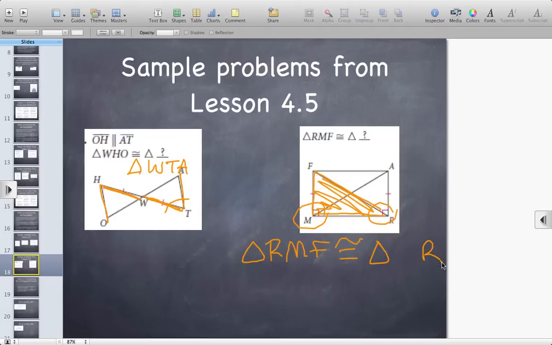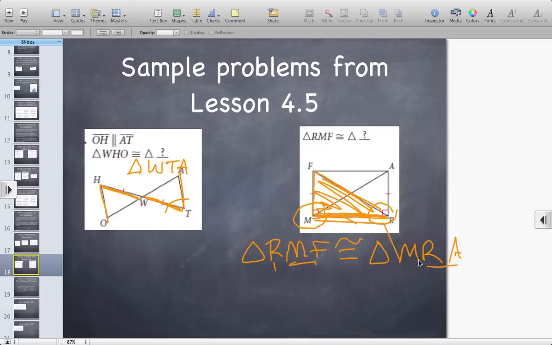And we know, looking at the picture, that MF is congruent to RA. So we can put RA at the end so that those letters match up. And MR is on the first triangle, and it's on the second triangle as a shared side.